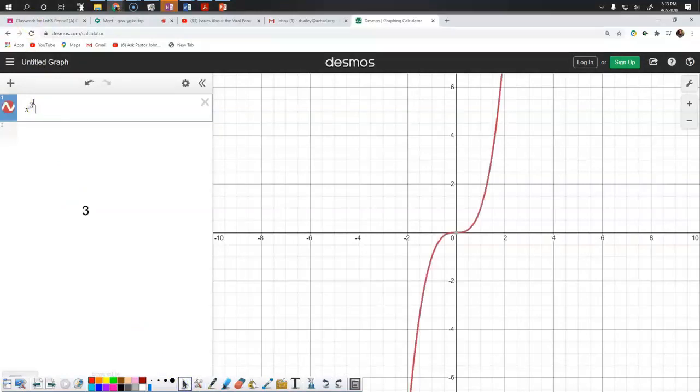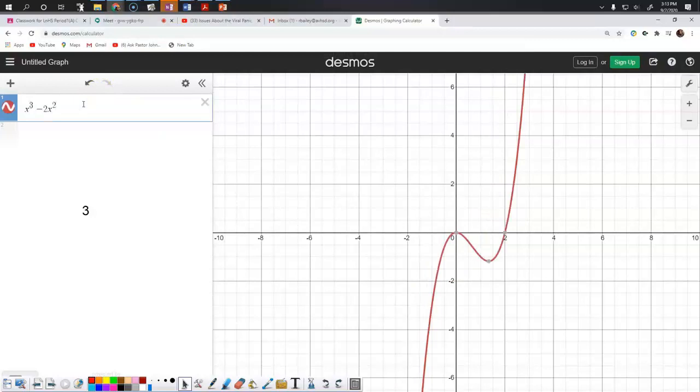So power of 3, and I think it was plus 2x squared, was it? No, minus 2x squared. So there's the graph. Now, as you guys can see, that will not pass the horizontal line test. And so the answer to number 2 would be no.